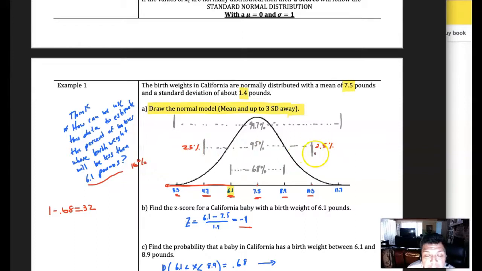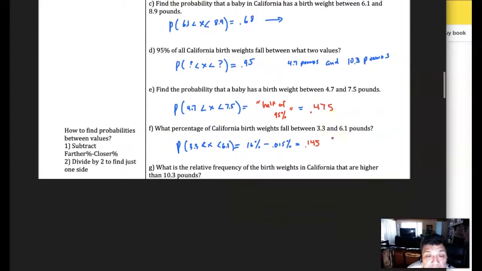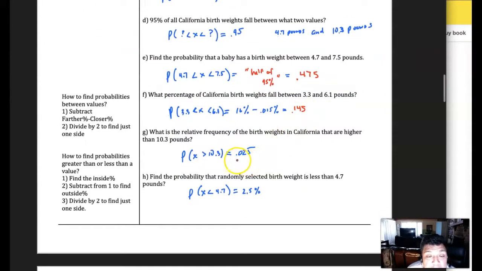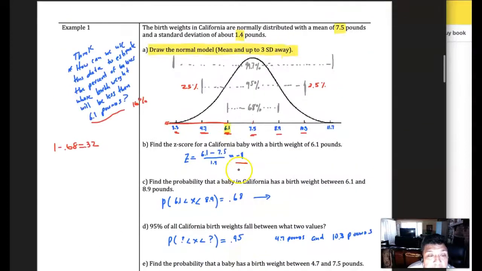This is 95% of the population, and you have 5% left over, 2.5 on each side. So in that case, we get 2.5% or 0.025, and the same thing for less than 4.7 is 2.5 right there.